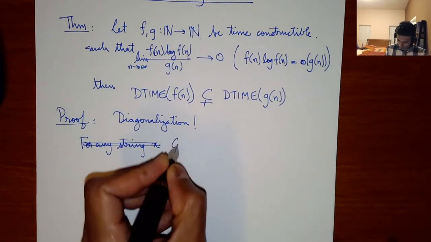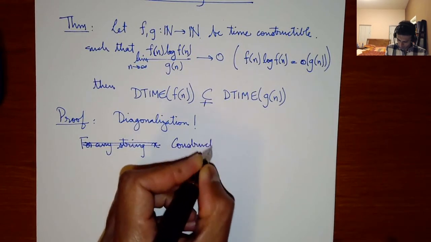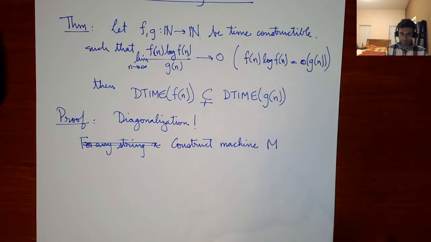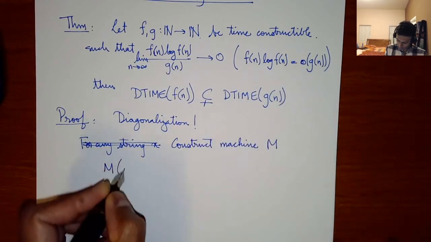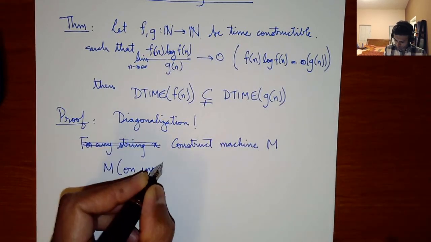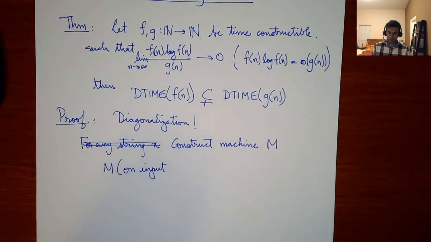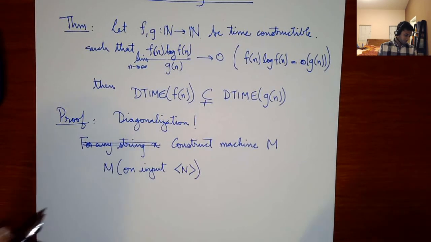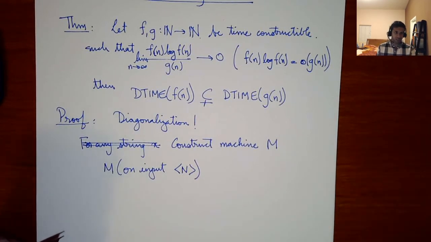So construct a machine M. As we do our standard diagonalization, M is going to assume that its input is actually a Turing machine. It's just going to assume its input is code.